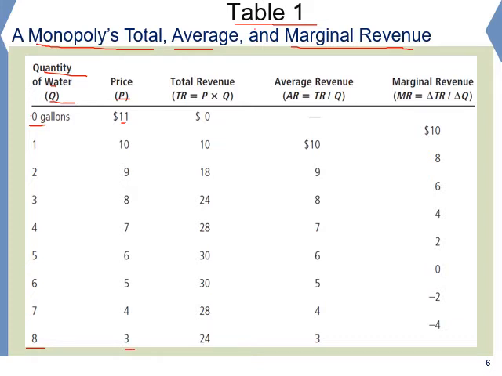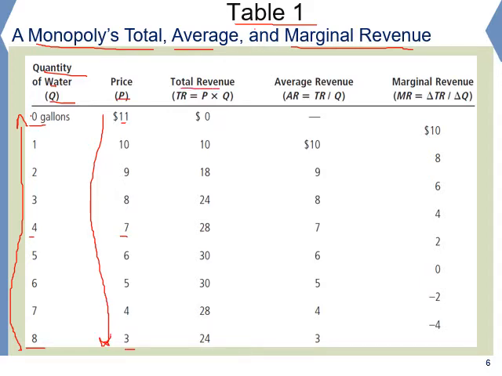For instance, if the monopoly produces 4 gallons of water, the price charged is $7 per gallon. We can see that as the quantity of water produced increases, the price decreases.